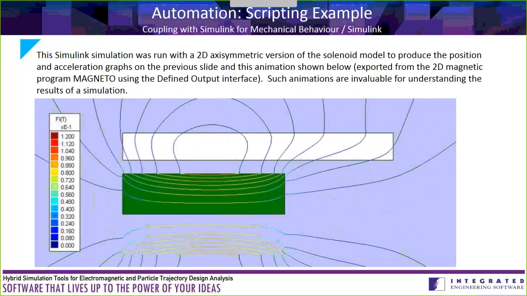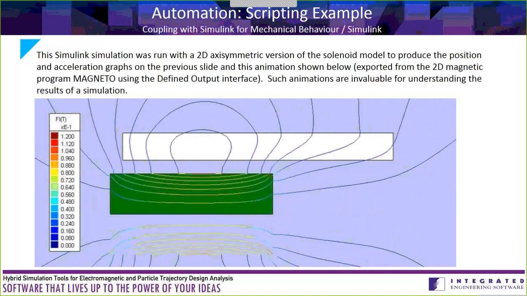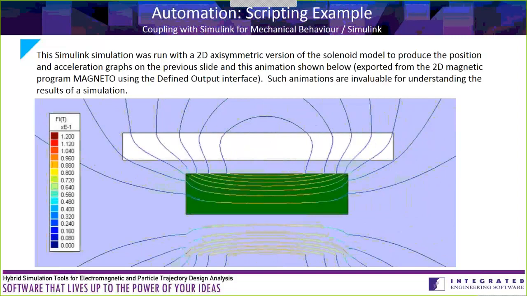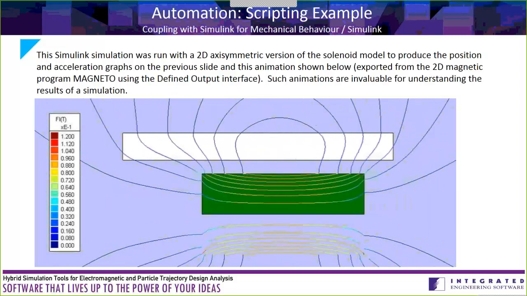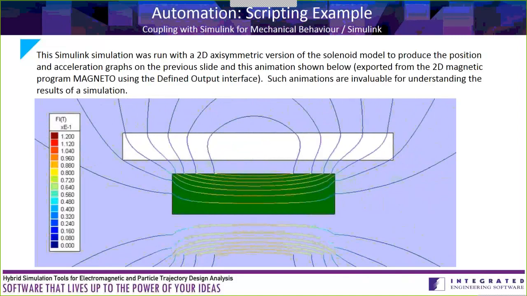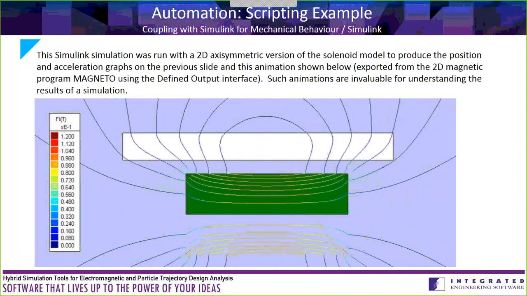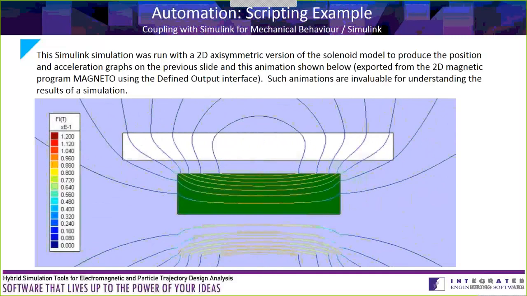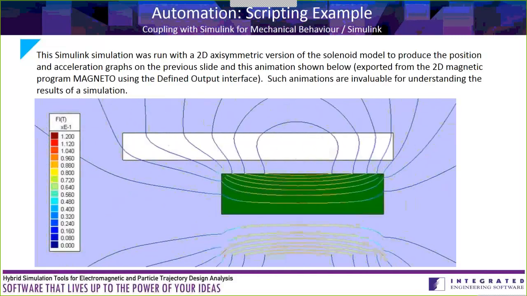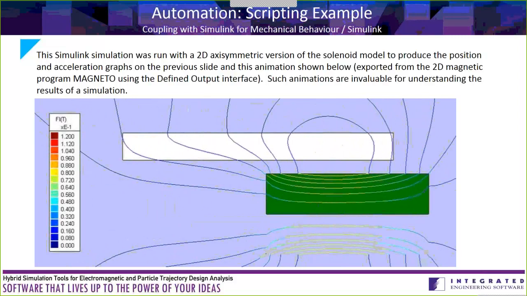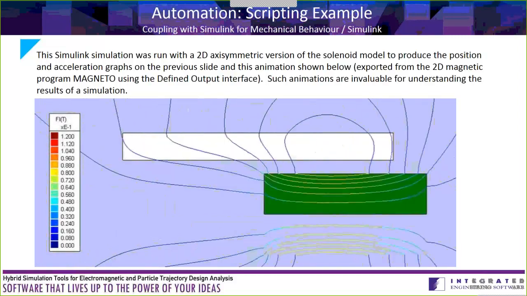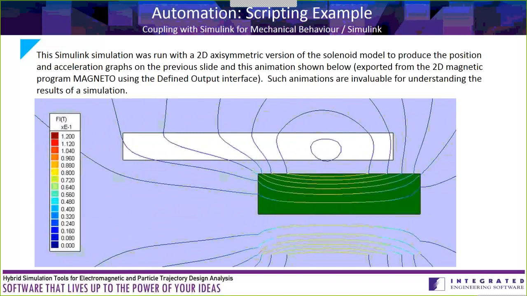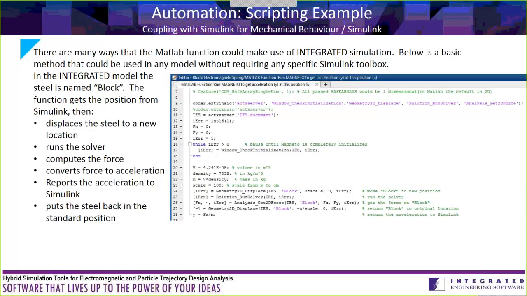So all these different automation methods are not independent of each other. One can couple them together like this so that when I'm finished running my simulation, I get an interesting plot like this. This is all the details of the Magneto model, and the thing to note about my Simulink example here, if I go back one slide, is that it's simply displacing something named block. So within our software, you can name parts of your model.